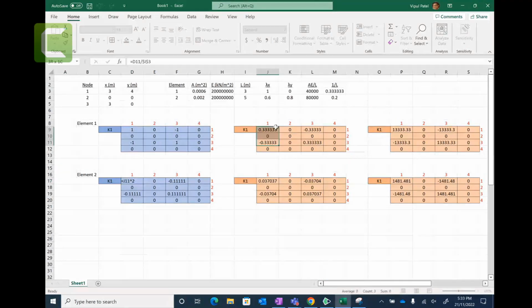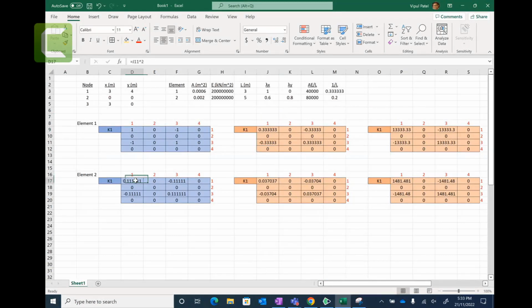For element number 1, we click on here, and when we get these ones, we move it here, lambda x squared. You can see that magic. You can double click on here, and then you move this for element number 2 to element number 2.